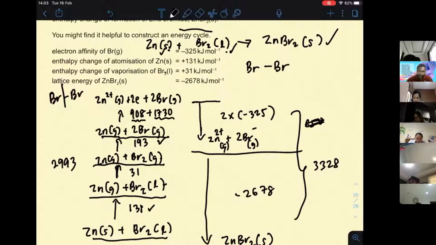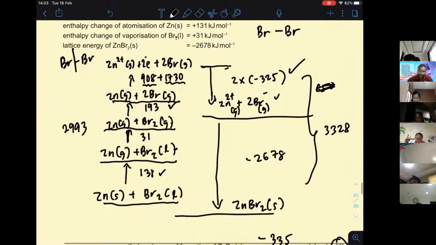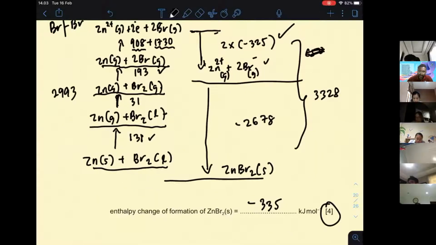So I put it over there. The next part is the Br will join with 2 electrons to give you 2 Br minus. This is what we call electron affinity, and electron affinity is going to be negative. So from here, they drop. I just put 2 times 325. And the last one is going to be zinc gas and Br minus gas.